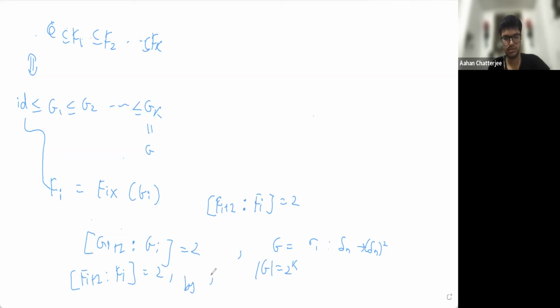By the lemma, since Q is constructible, by induction we get that Fk, which is the same as Q(zeta n), is also constructible, and thus zeta n is constructible as well. And so we are done.